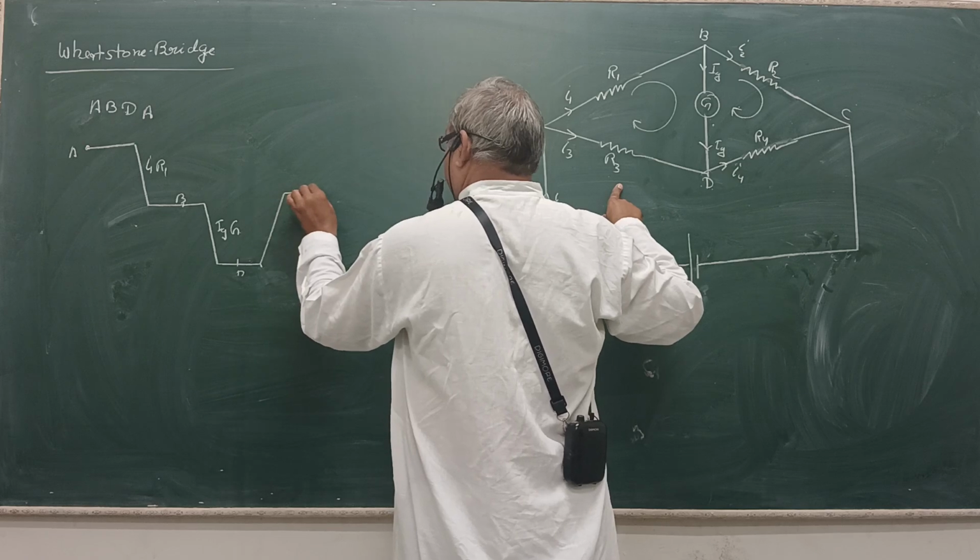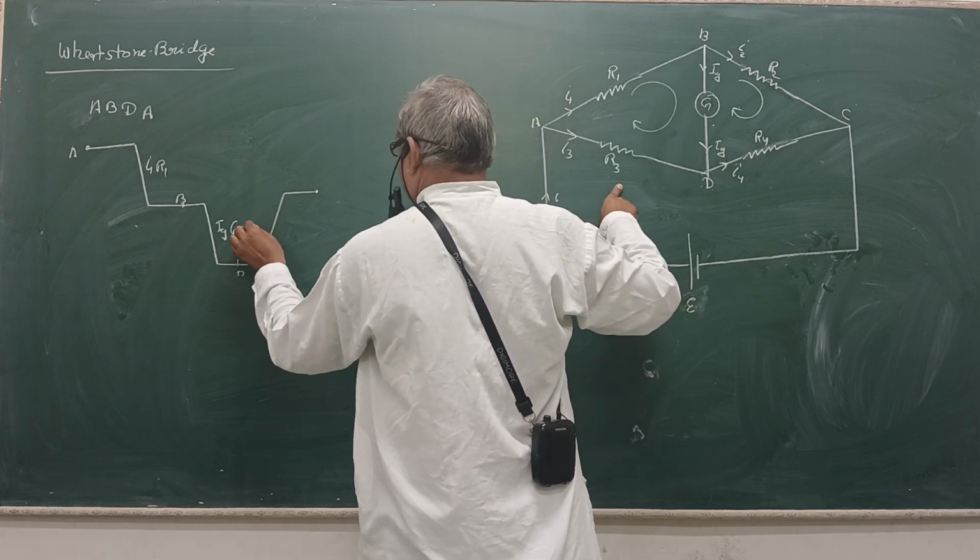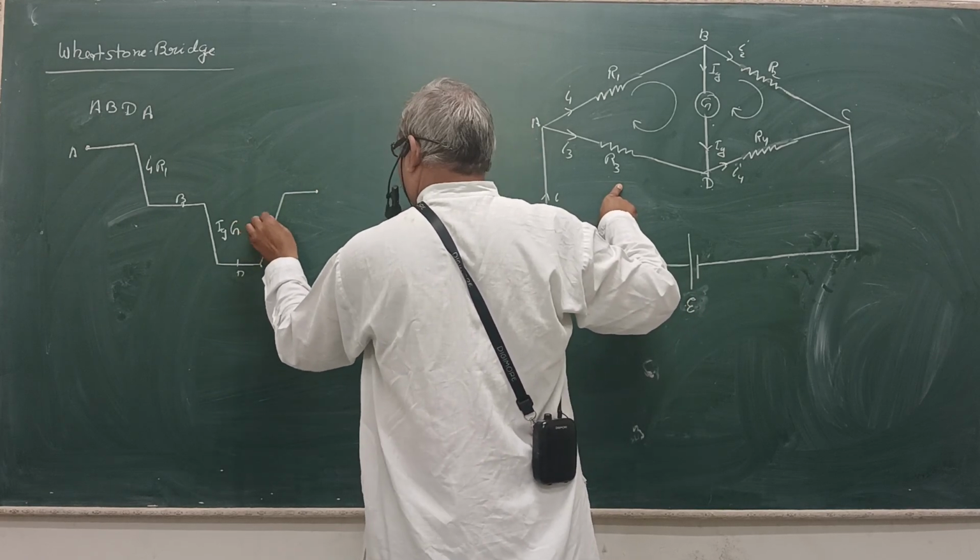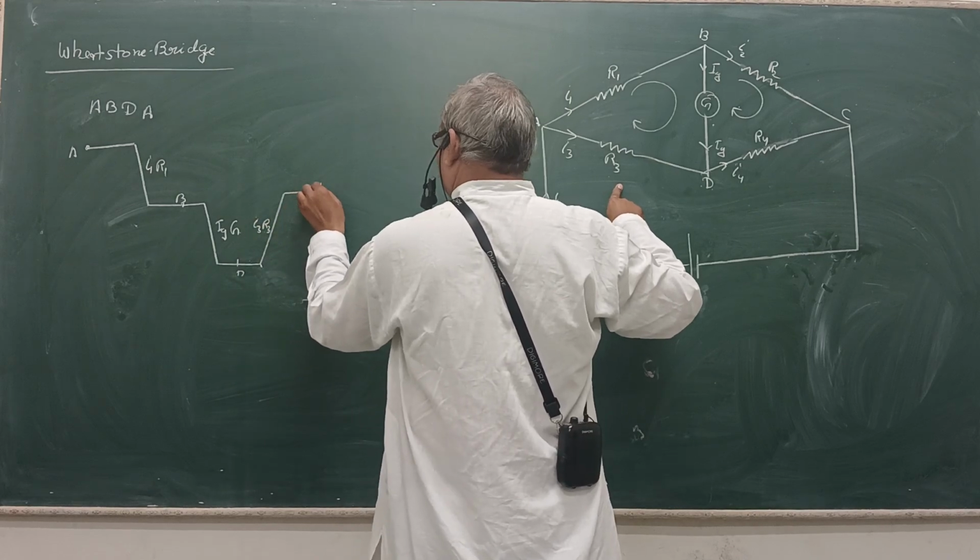In the upward direction, this is the movement of the current I3, R3, this is the point A.